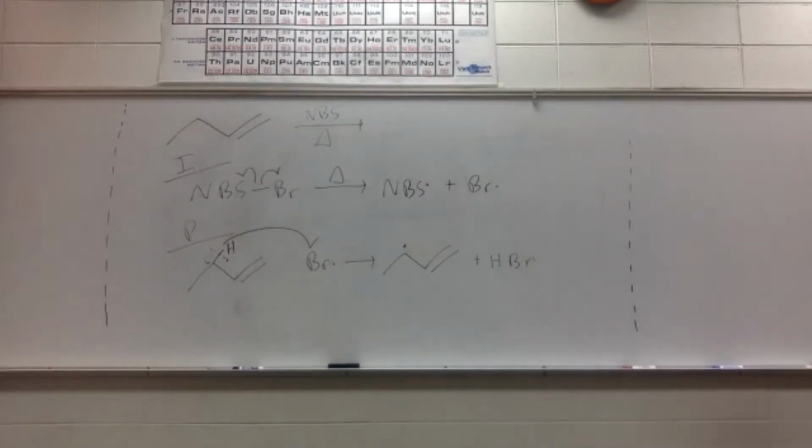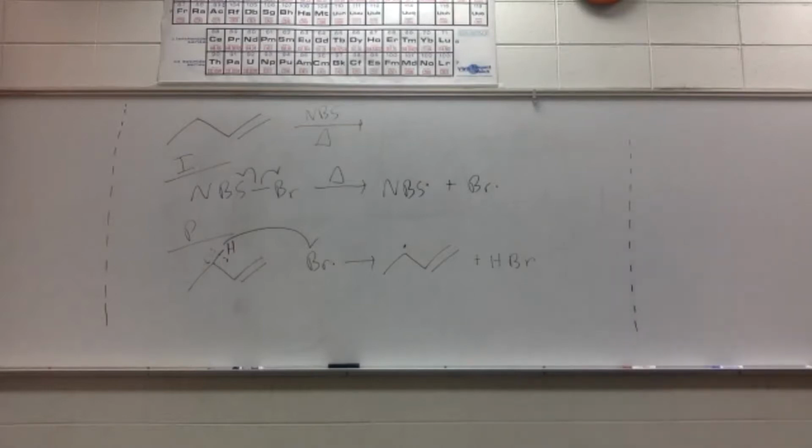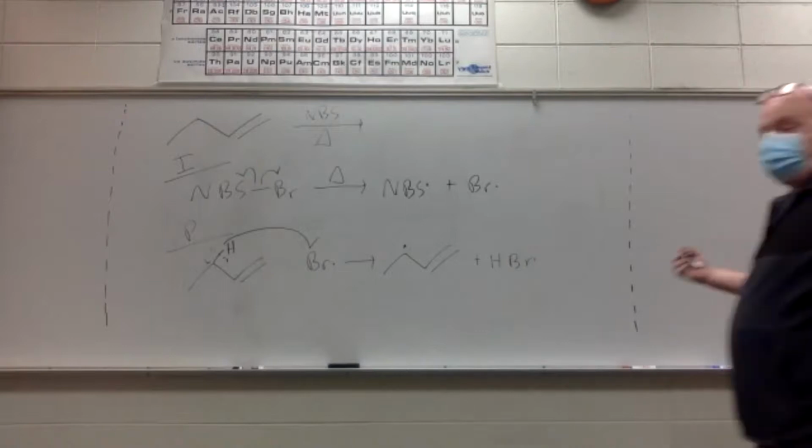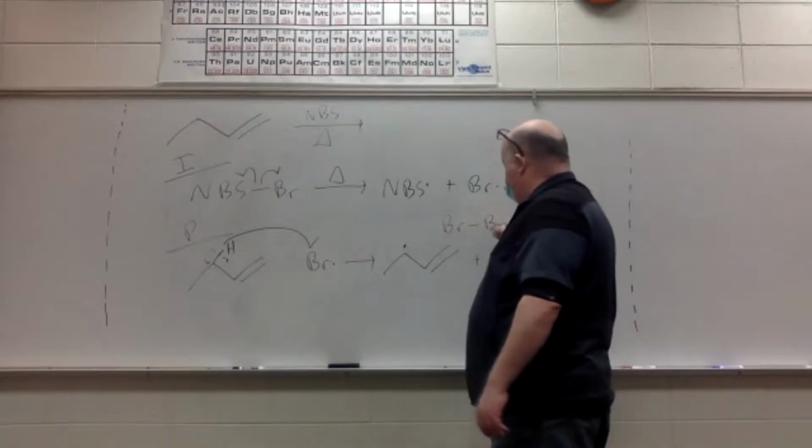All right. And then what did we say happens? Nothing's new, by the way, right now. You can go strictly off the last example. The Br2 that you got from termination can come in.